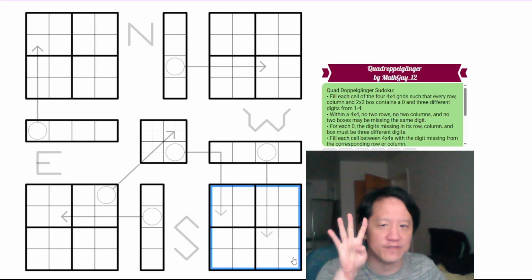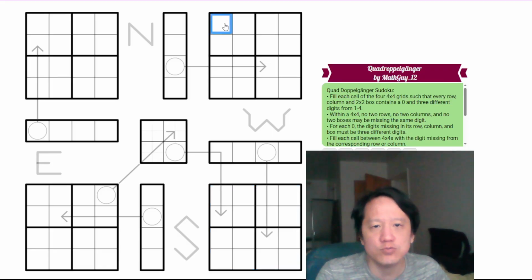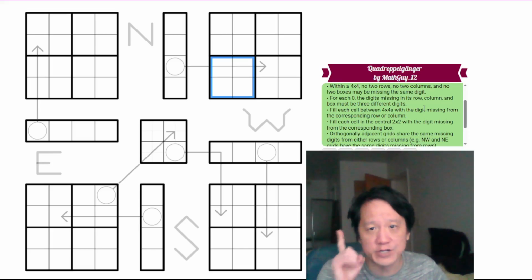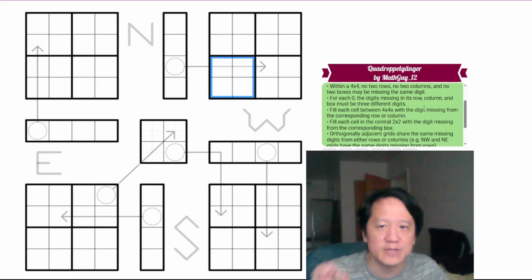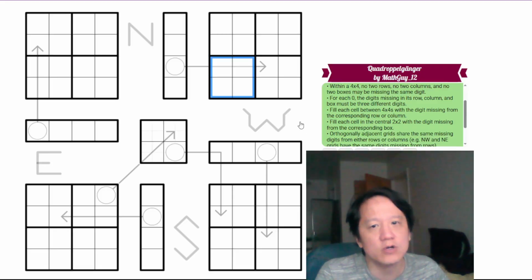Within a 4x4, no two rows, no two columns, and no two boxes may be missing the same digit. And for each 0, the digit missing in its row, column, and box must be three different digits.